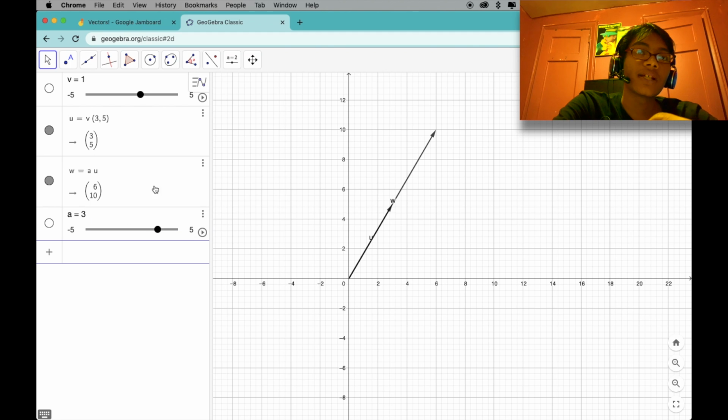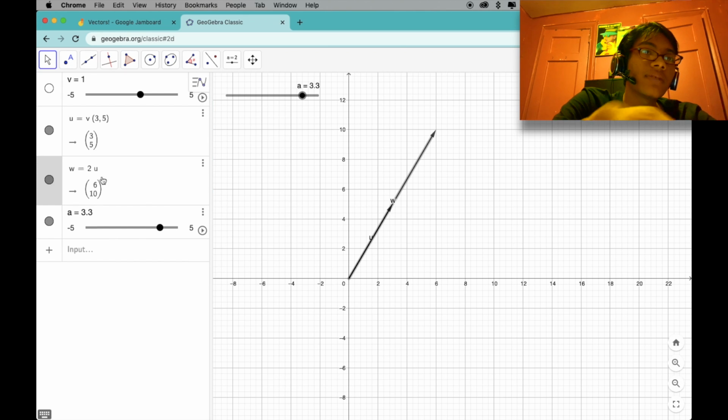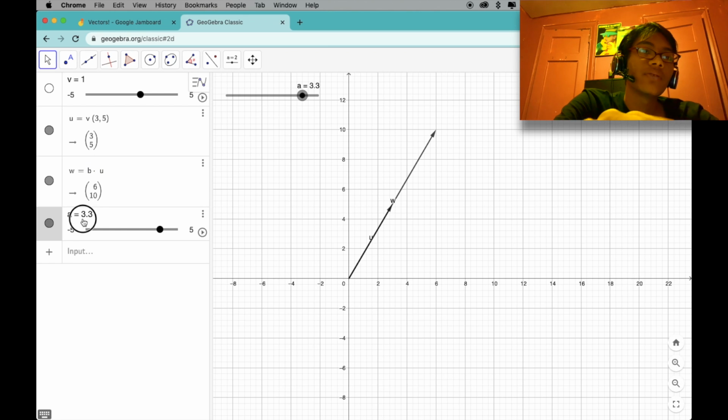Let's call this b times u. Unfortunately GeoGebra isn't cooperating with me.